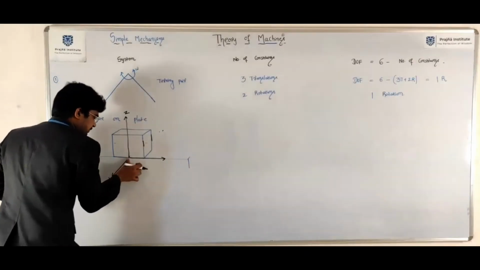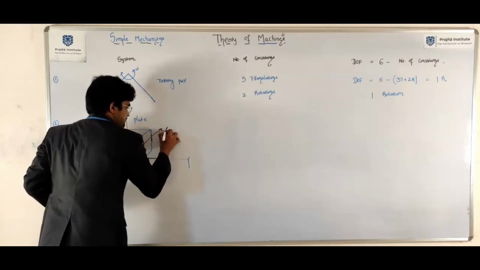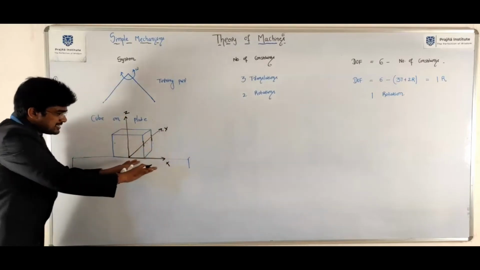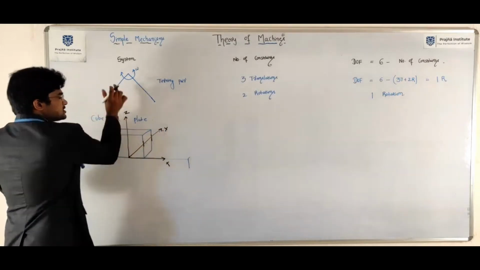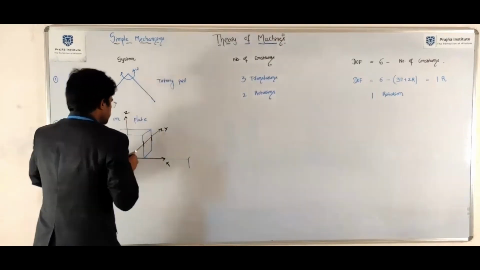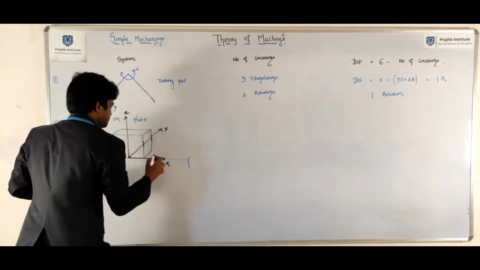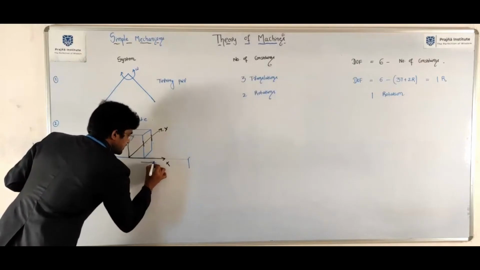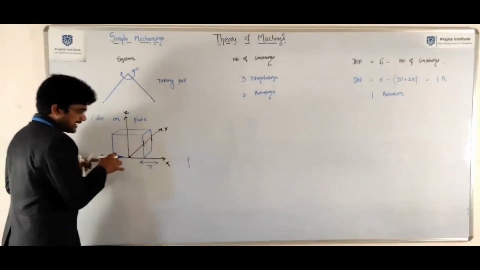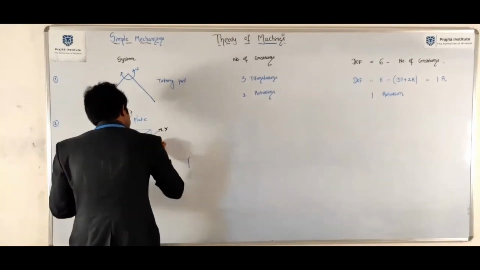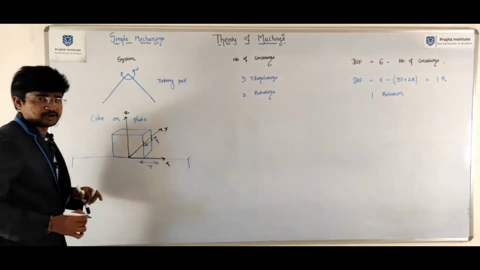X is on the plate, Y is on the plate, and Z is perpendicular to the plate. See here, this is allowed. Translation is possible. You can translate it along the y-axis. This is also possible.